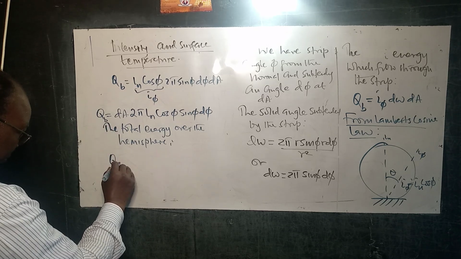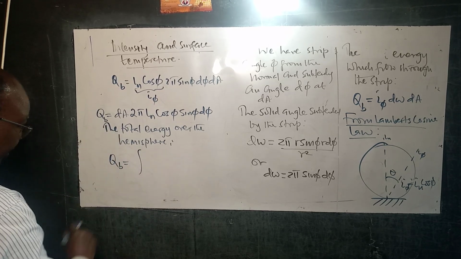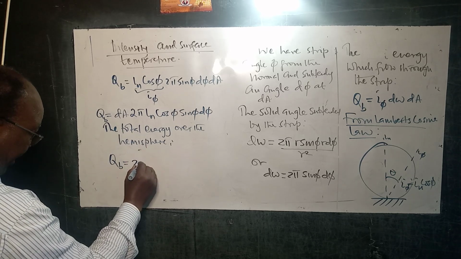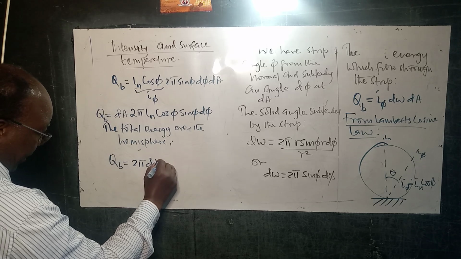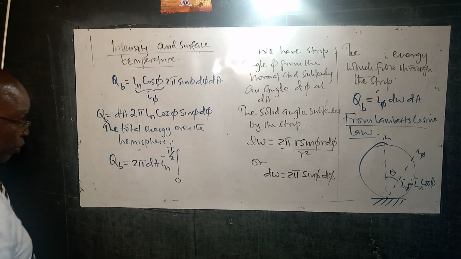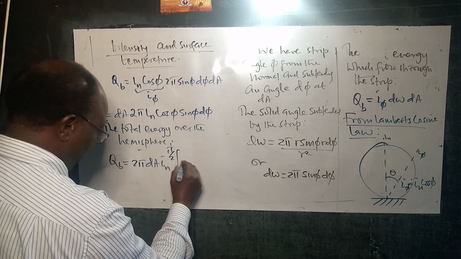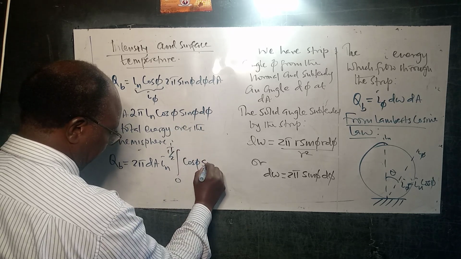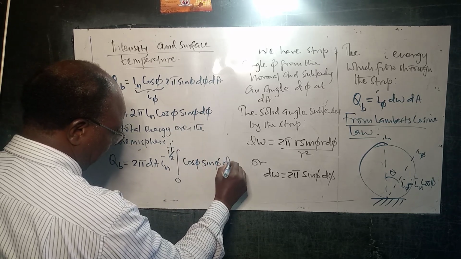So we have Q B will be the integral of 2 pi dA In, integral 0 to pi over 2, cosine phi sine phi d phi.